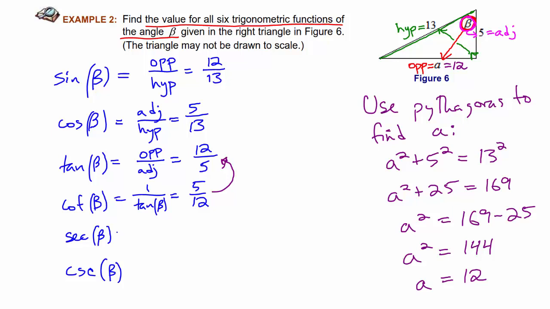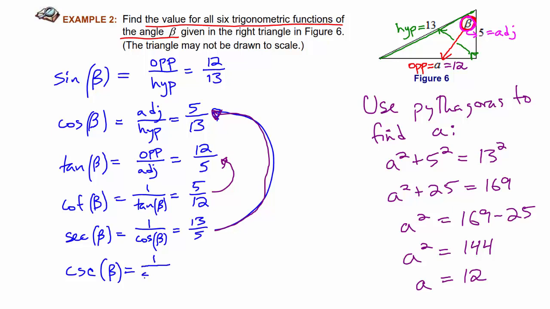For secant, we know that secant is 1 over cosine. So we can just refer back to our cosine value, which was 5/13, and just flip that fraction over. And the cosecant value, and cosecant's the reciprocal of sine.